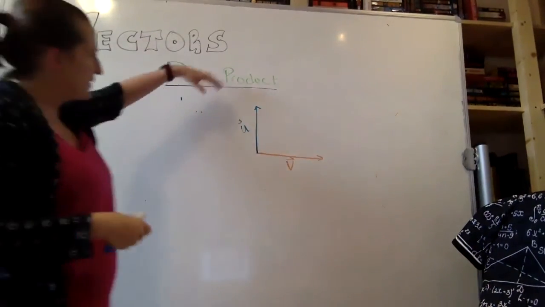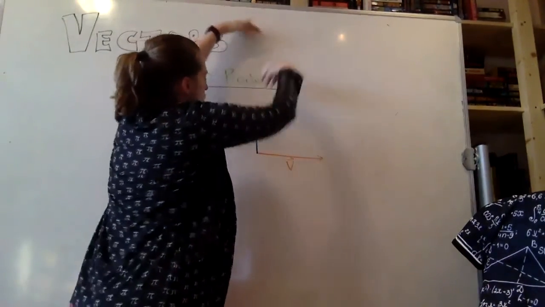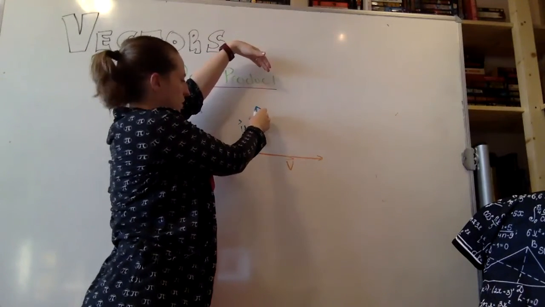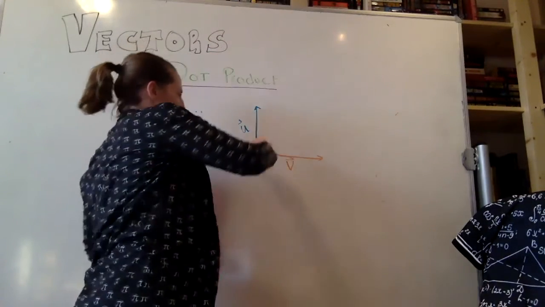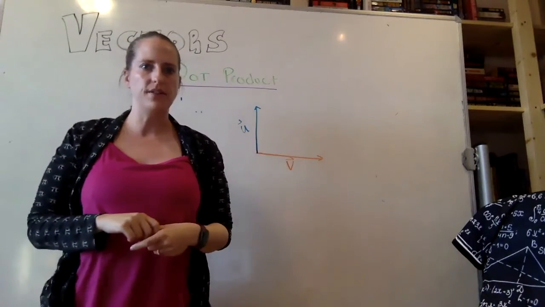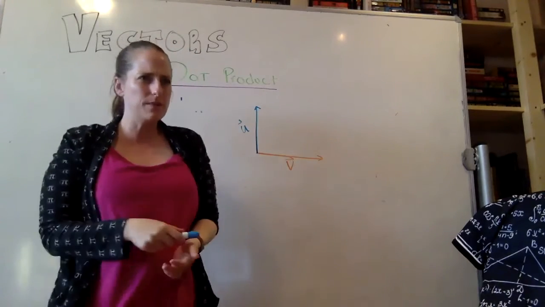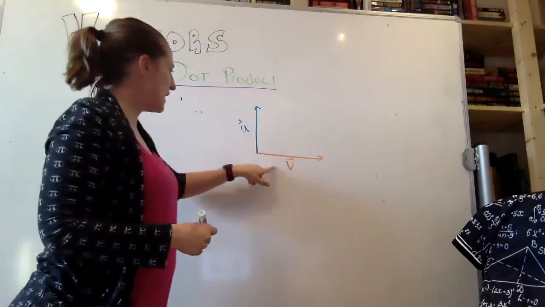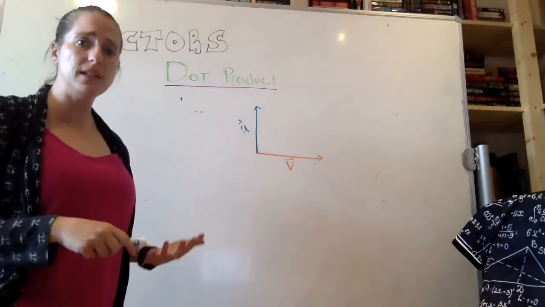Now what happens if I have something perpendicular and I have a light shining from above? Is this going to cast a shadow if the light is directly above U? It's not. So what's going to be the projection of that shadow onto V? Well, there isn't one. There's going to be no shadow. So it seems like the dot product of two things that are perpendicular should be 0.